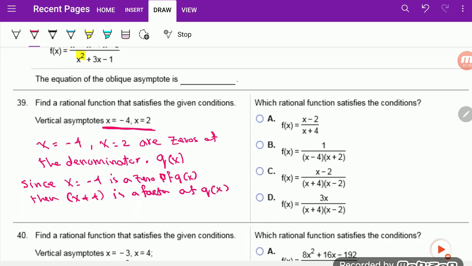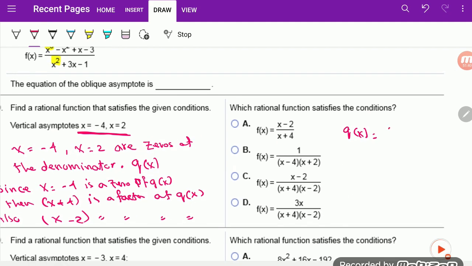The same thing with x equals 2: x minus 2 is also a factor of q of x. Because we have two zeros, we have two factors of q of x. So q of x can be written as a product of two factors, x plus 4 times x minus 2.